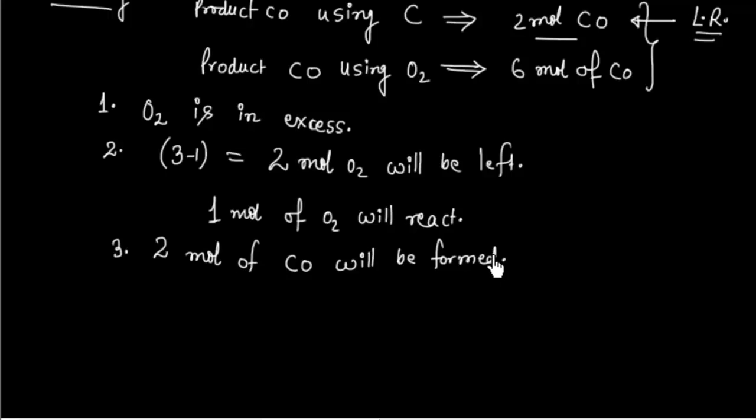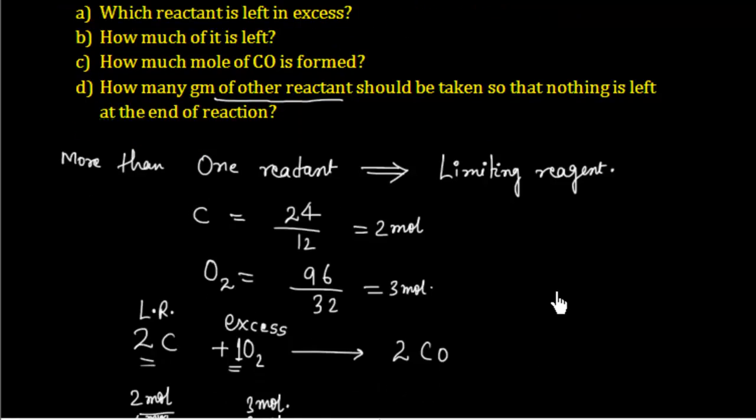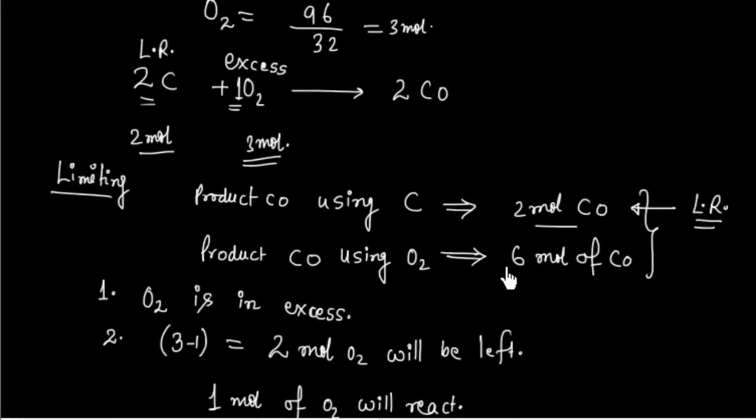And the next part, how many gram of other reactant should be taken so that nothing is left in excess at the end of the reaction. So you see for 2 mole of carbon I require 1 mole of oxygen. Now the other way, I have oxygen in excess, so 1 requires 2, so for 3 mole of oxygen I require 6 mole of carbon.